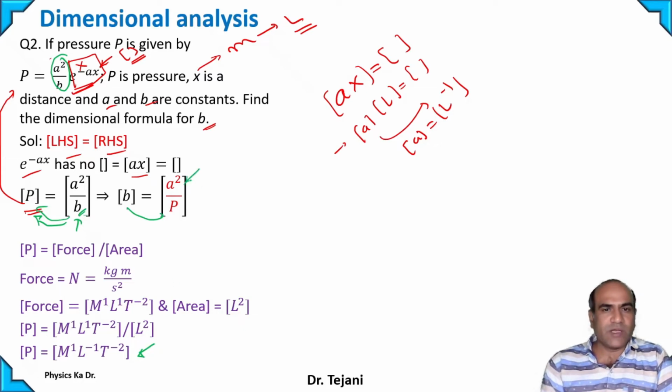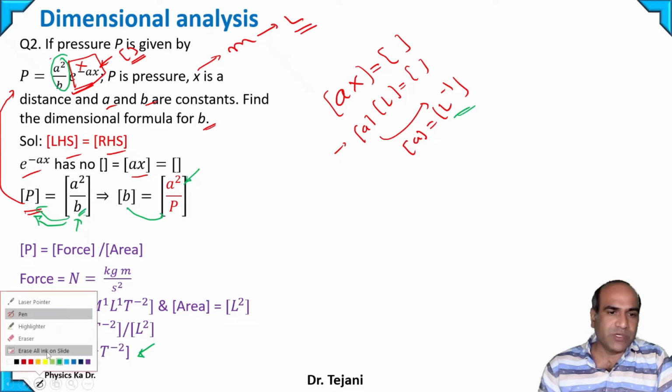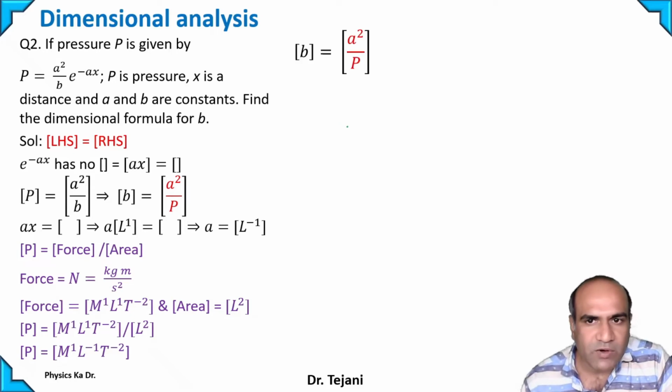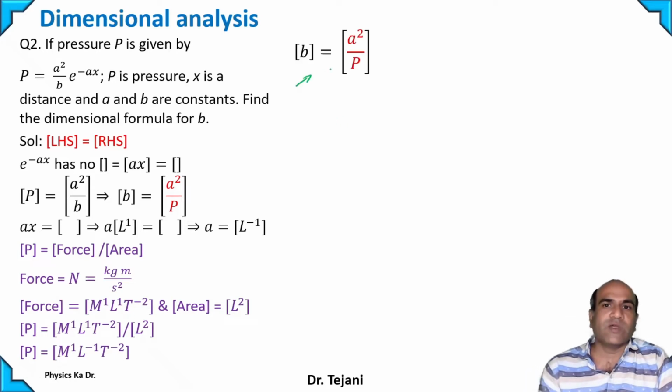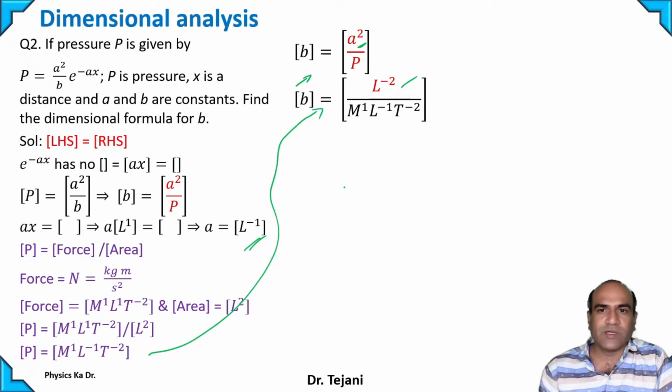What about A squared? We got it: A is equal to L power minus 1. If the solution is available, nothing to worry. So A squared is L power minus 2. And from P, put here the values.